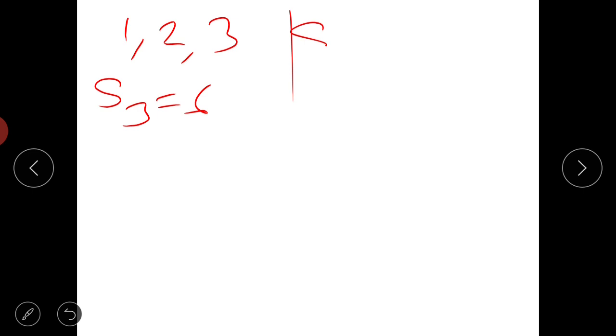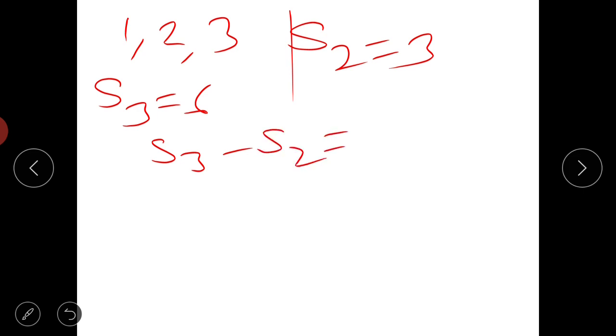And S2, what is S2? S2 is 3, so S3 minus S2 gives us 6 minus 3, which is 3. Got it or not? Yes. And 3 is the third term.